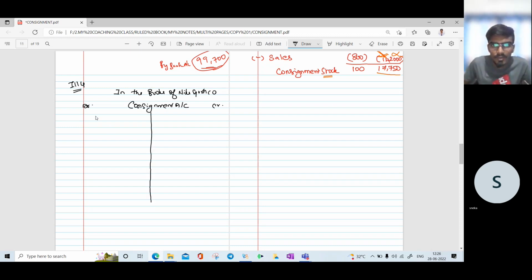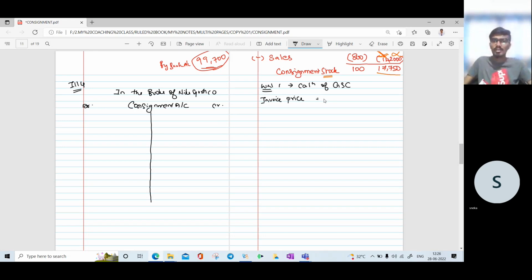First, on this side, we can prepare a working note. First working note: calculation of goods sent on consignment. First write invoice price. How much, Neha?